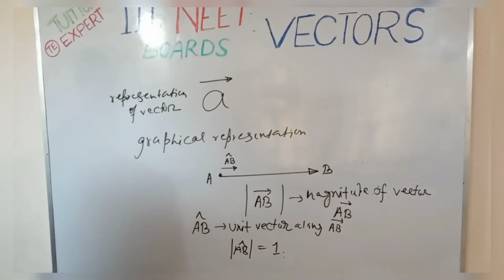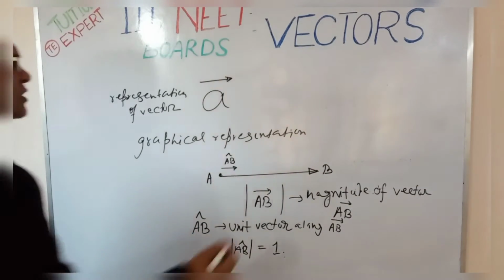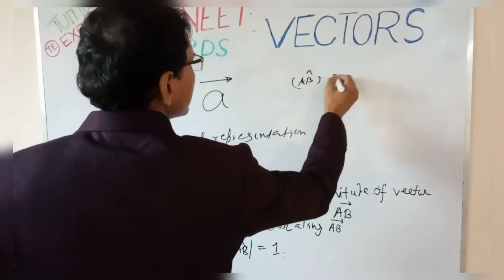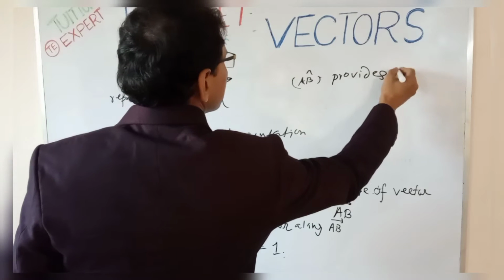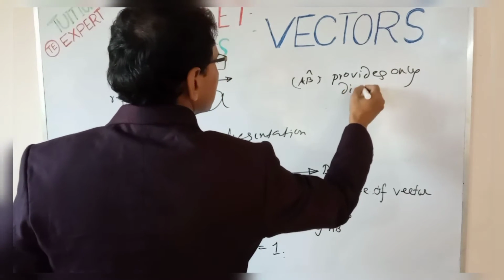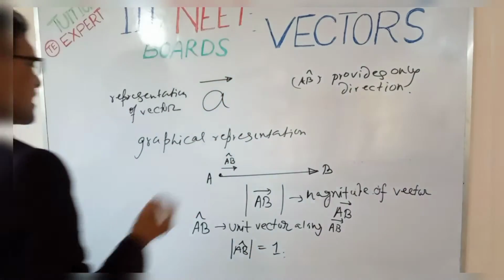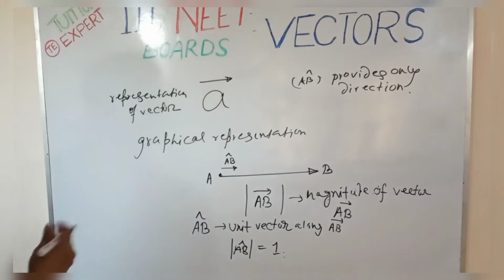So what is the significance of a unit vector? The unit vector provides only direction. It does not provide any magnitude. So a vector is magnitude and direction.